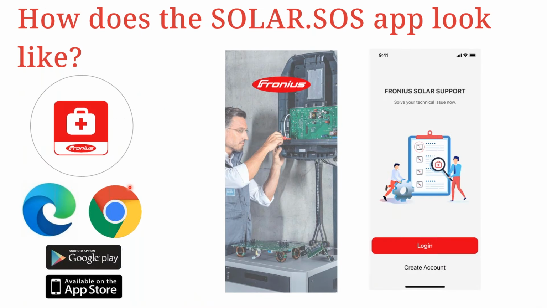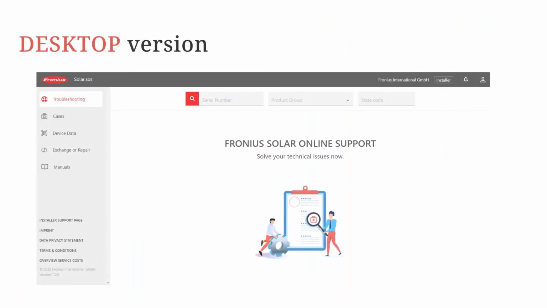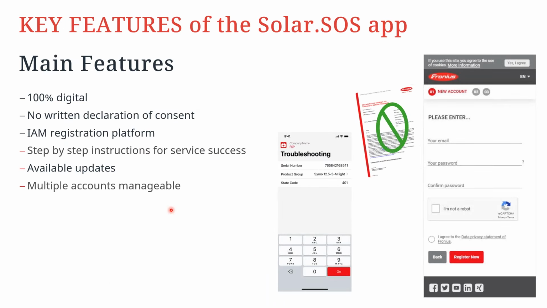So how does the app look? This is basically the mobile version, but you also have the desktop version that looks like this. Let's discuss the key features of this app. The app is 100% digital.